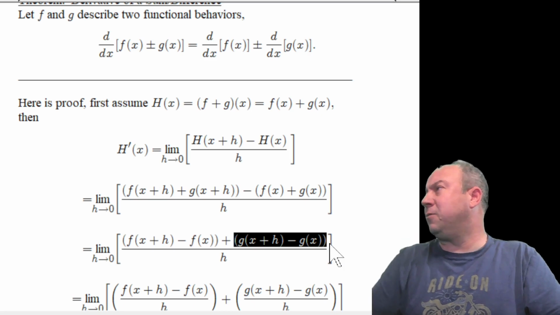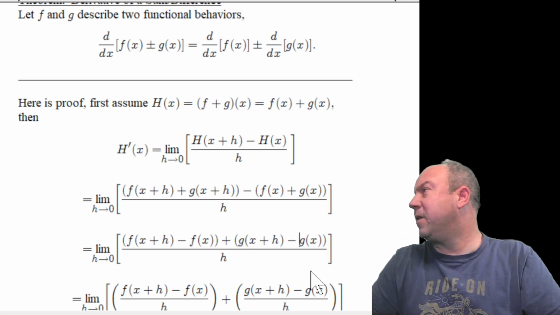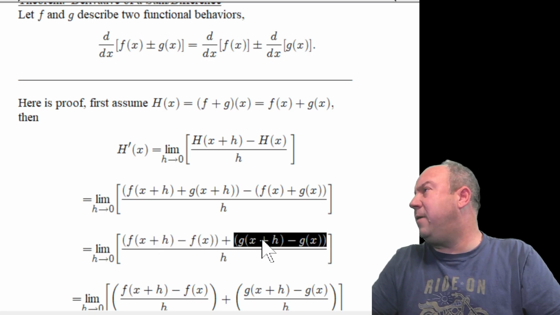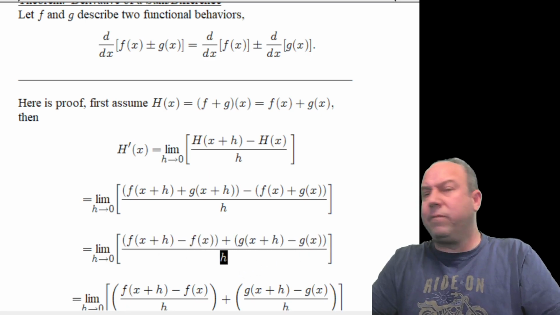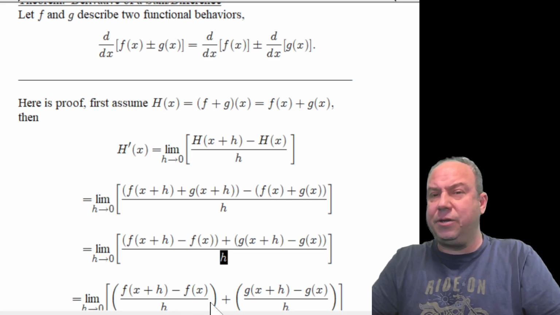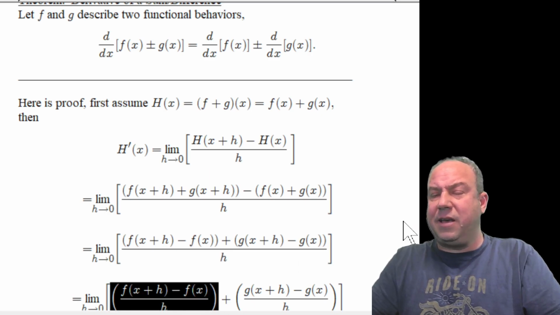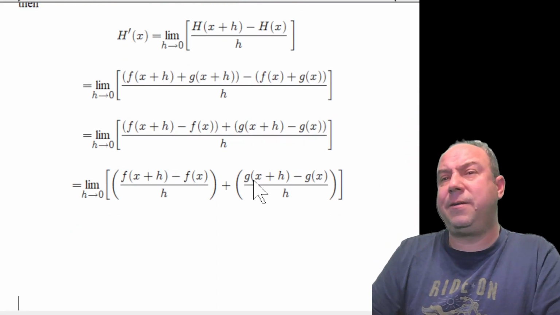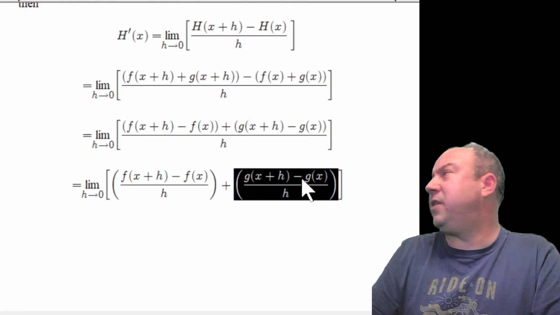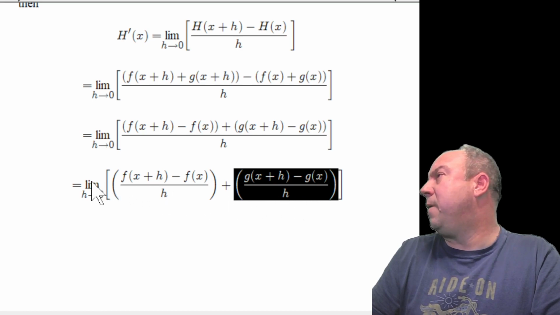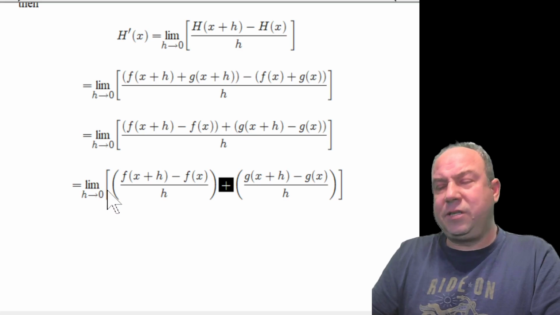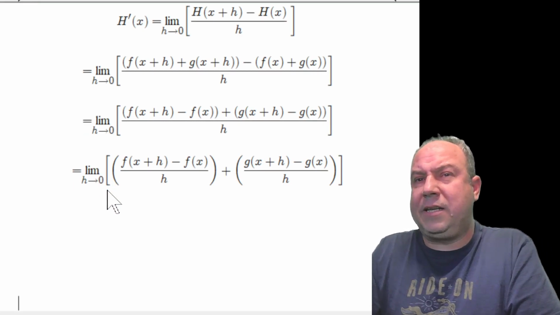And let me highlight those as groups. Where each of those groups across this sum can be divided over this common difference of h. So I have the limit as f of x plus h minus f of x divided by h plus g of x plus h minus g of x divided by h, where how does this limit behave across this summation is it will distribute itself to each of those quantities.